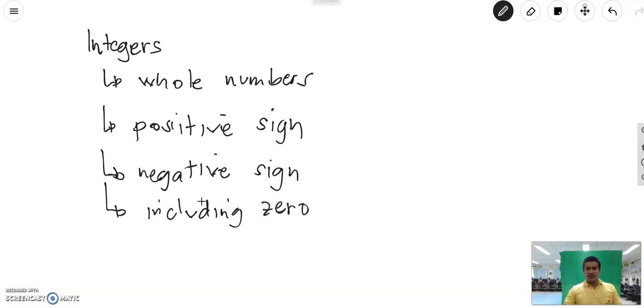Positive numbers go from 0 up to positive infinity. And the negative numbers, let's do that one in the opposite way, go from 0 down to negative infinity. Okay, so that's all for the introduction of integers.